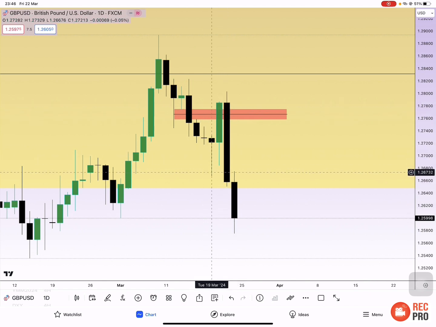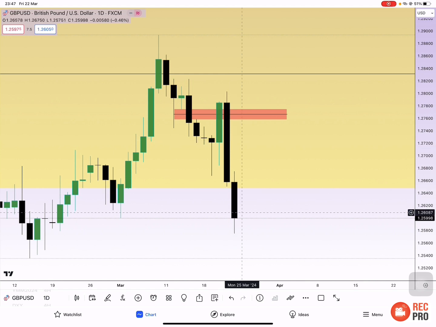So I was anticipating the market to go lower, or make the high on Wednesday and start falling on Wednesday or Thursday, and then keep going down, which it did, though it went a little bit up on Thursday.